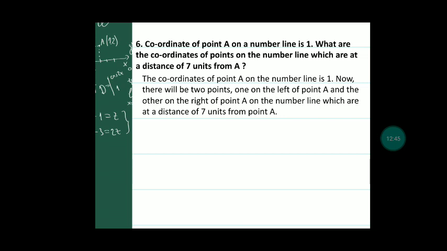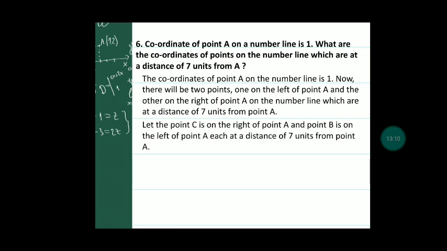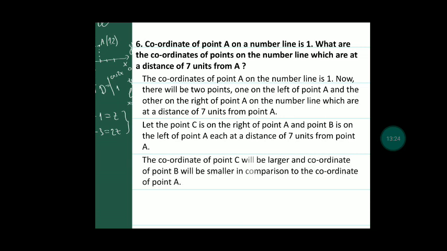Now there will be 2 points, one on the left of the point A and the other on the right of point A. On the number line which are at a distance of 7 units from point A, let the point C be on the right of point A and point B on the left of point A, each at a distance of 7 units from point A. The coordinates of point C will be larger and the coordinates of point B will be smaller in comparison to the coordinate of point A.